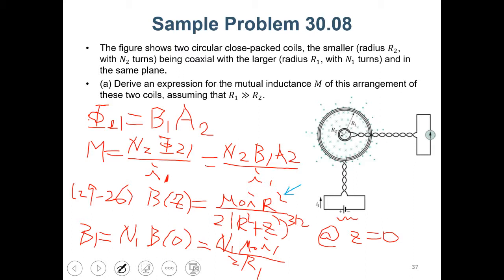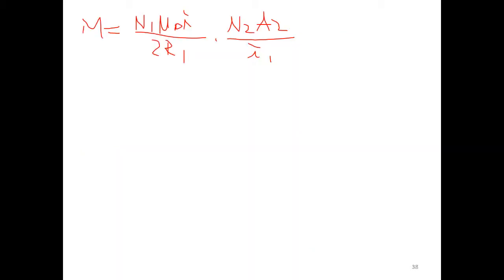Let me go back a bit. So we substitute this one into here. So we have N2 A2 over I1, and this is the B1.